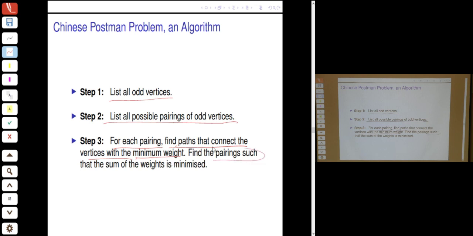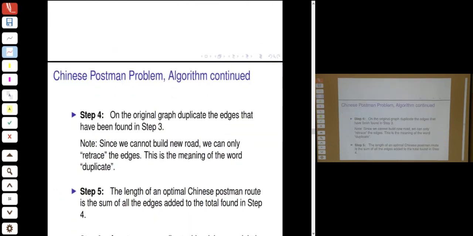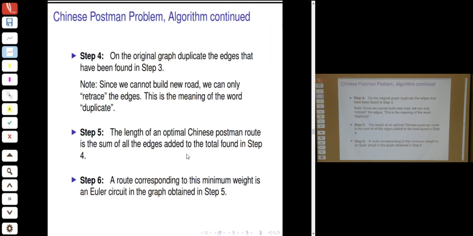You go for the pairing of the odd vertices for which the sum total of these minimum weight paths is the least. So these are the paths that you are going to repeat, and you minimize your total weight by going for the minimum weight path for every pair of odd vertices.